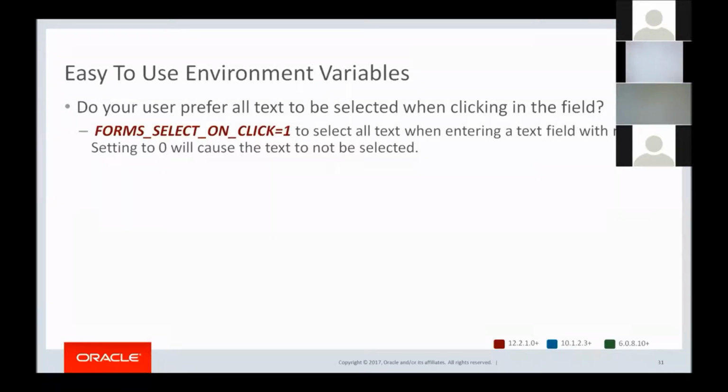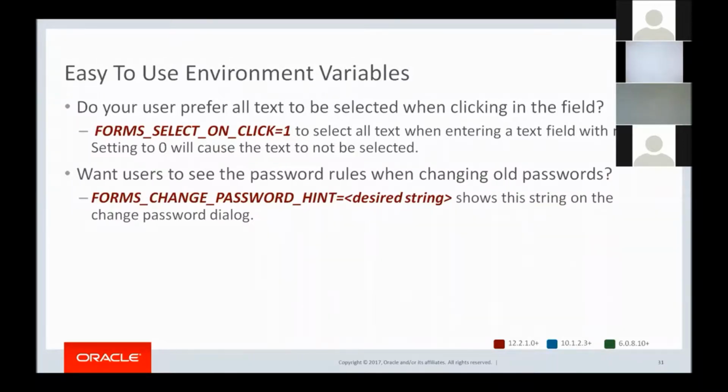In version 12, we also added a new environment variable that allows you to set the change password hint. What that's referring to is, in the case where the database username and password expires and you have to change it, you now have the ability to provide some information along with the dialog box. And the example I always like to give is, let's say your organization now has a different set of rules of what passwords must look like.